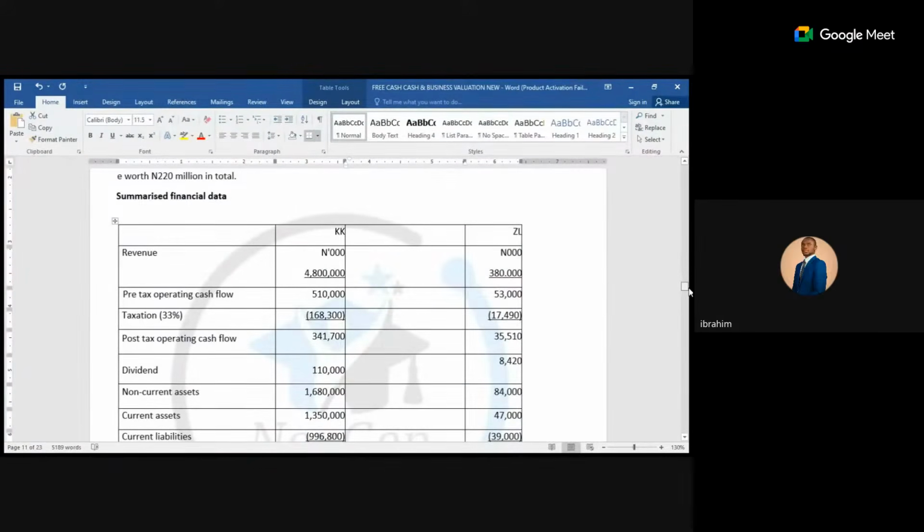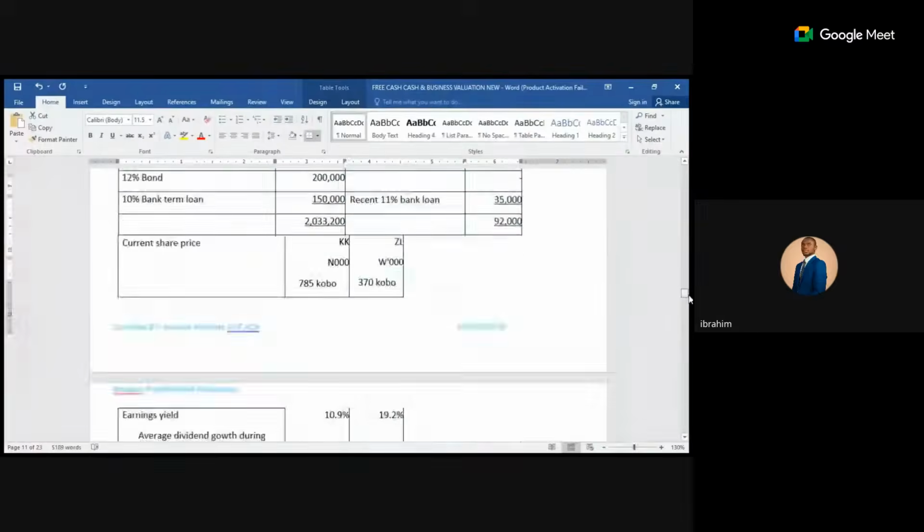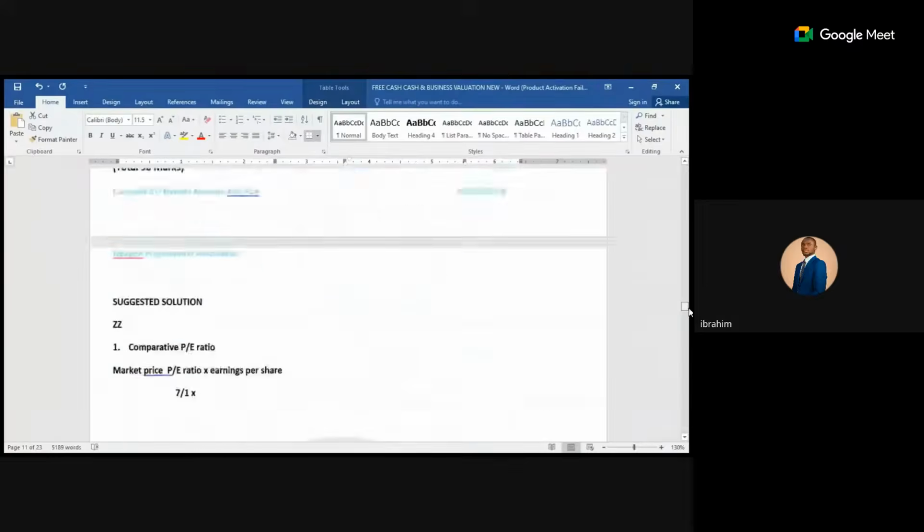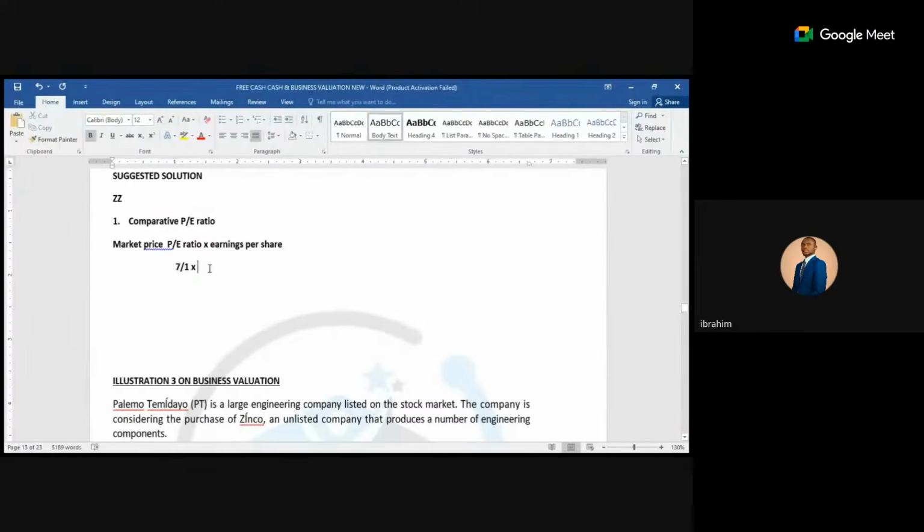This is 35,510 divided by the number of shares. And you said the number of shares is what? 20,000. How did you get the 20,000? The share is 10 kobo.